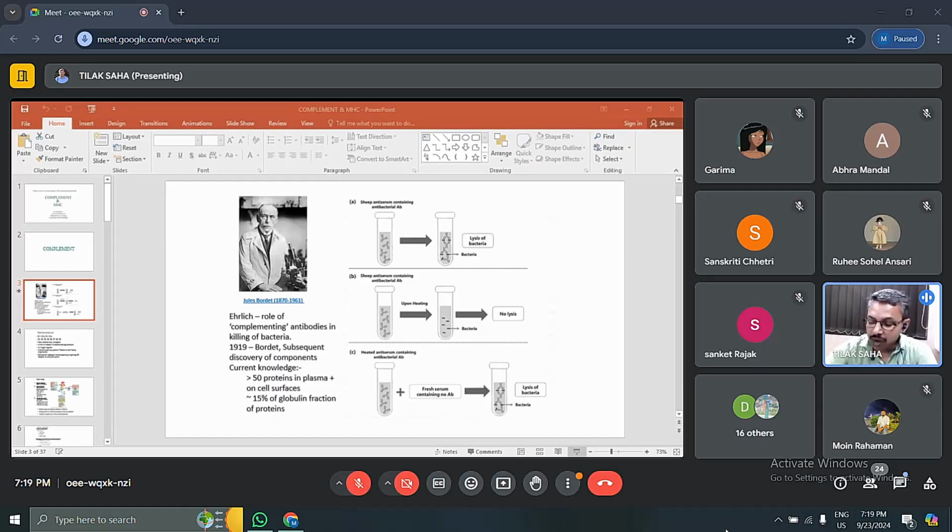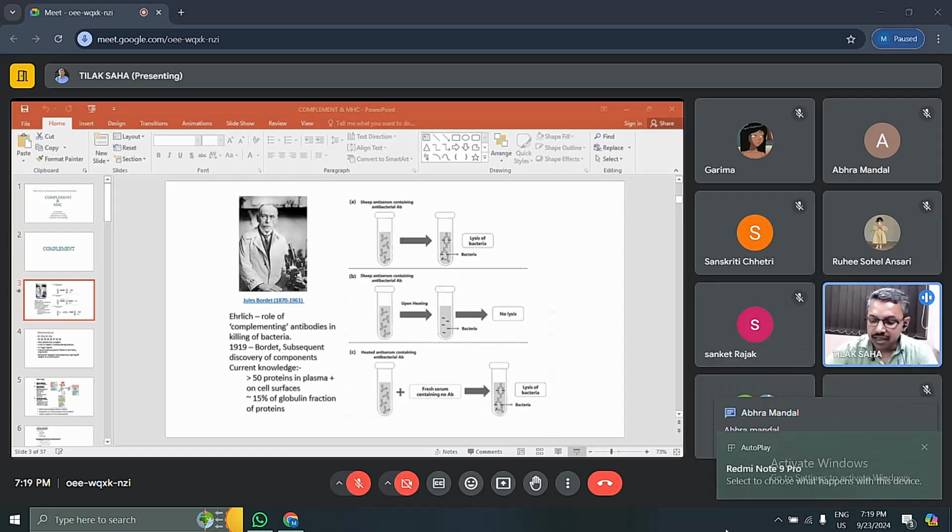Now, what is this classical pathway? That we will discuss in detail. But initially, we should know how the complement proteins are recognized. These proteins are present in the form of zymogen in the serum. Zymogen means they are not present in the active form, but can produce the active form when they are cleaved.